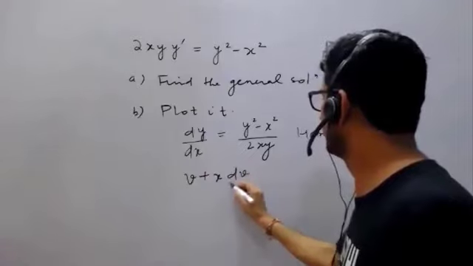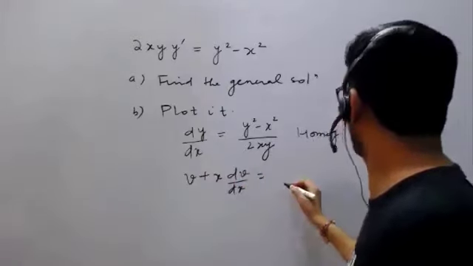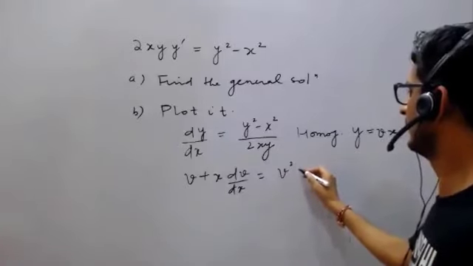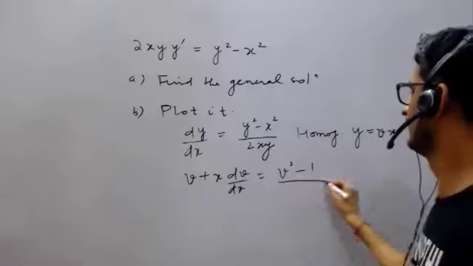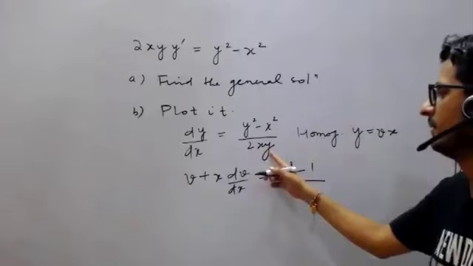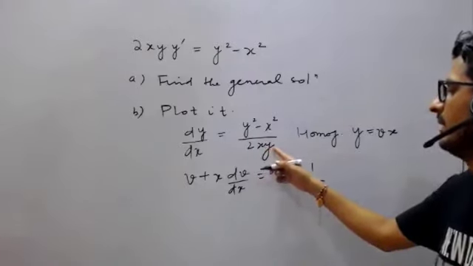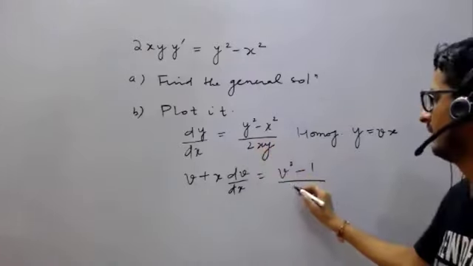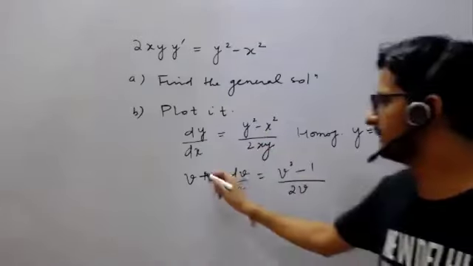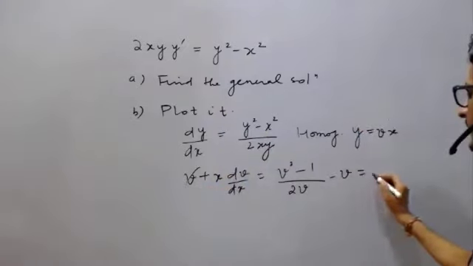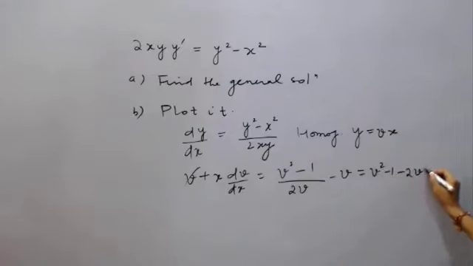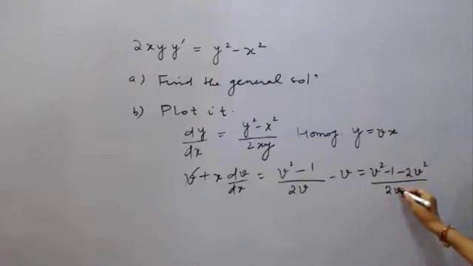So quickly write v plus x dv by dx is equal to v square minus 1 over 2v, because it will become v square x square and x square will be cancelled. Here y will be equal to vx, so x square will be gone and 2v will remain. So this will come this side and it will become v square minus 1 minus 2v square over 2v.